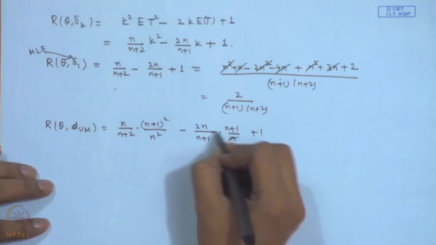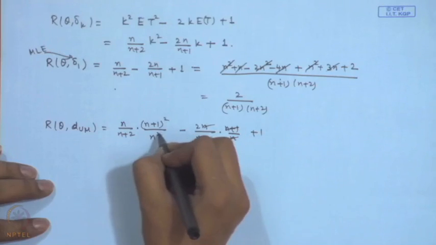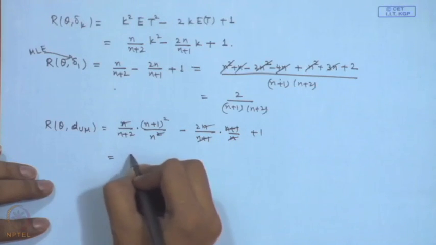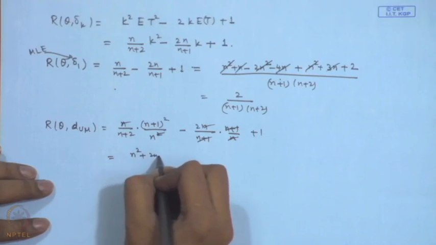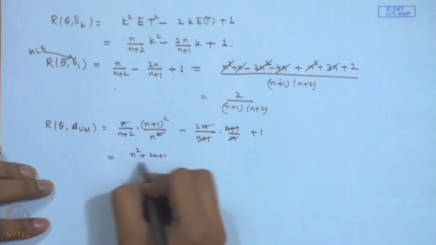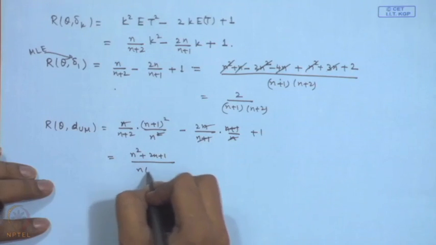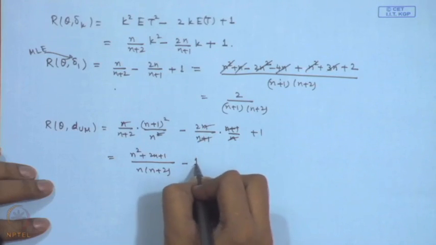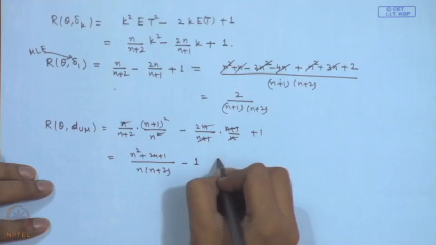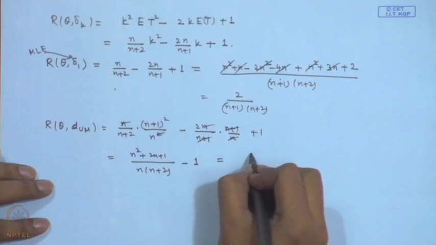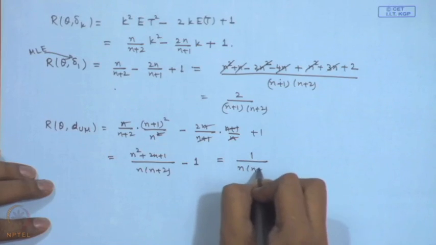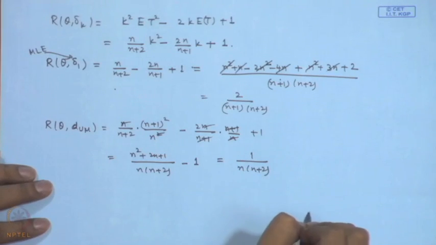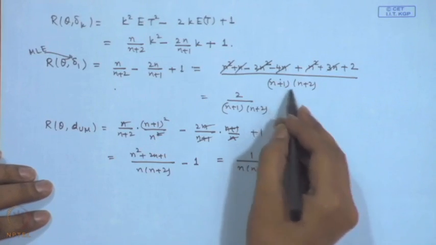So, here these terms get cancelled out and we get (n² + 2n + 1) divided by n(n+2), minus 1, because this is minus 2 plus 1, that is equal to once again 1 divided by n(n+2). So, naturally you can see that this is greater than.